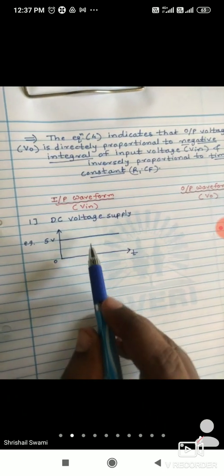First of all, if you are taking the input voltage as DC voltage, suppose it is a 5 volt DC supply you are using as V in, then what will be the output you are getting?